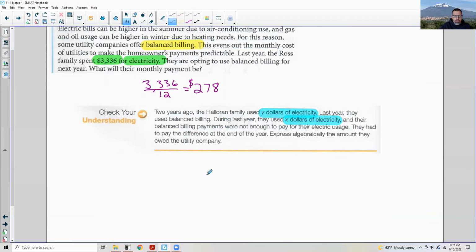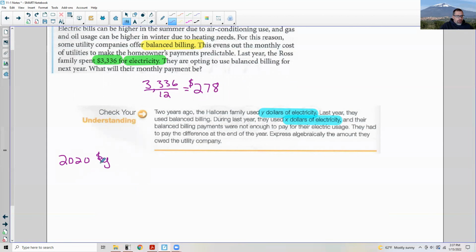So think about what they're saying here. What they're saying is, 2 years ago, they used Y dollars of electricity. So this is 2022 as I'm making this video. So let's say 2020, they used Y dollars of electricity, okay?